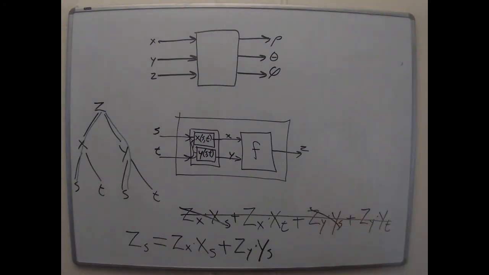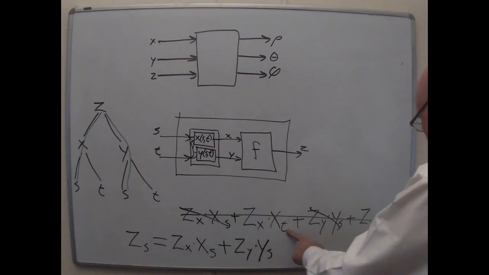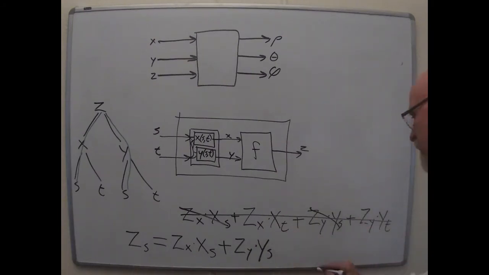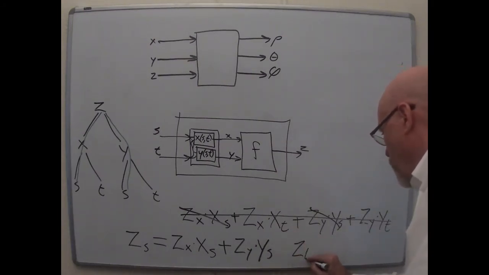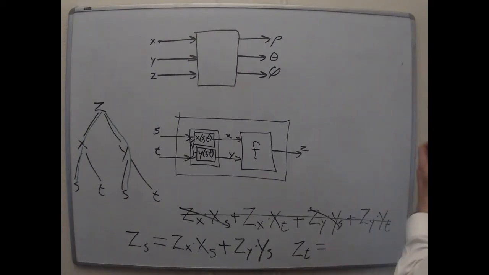This one. The remaining two things, I've got them crossed out multiple times now, tell you how z depends on t in the end. So we have z's t partial is z's x partial times x's t partial plus z's y partial times y's t partial.